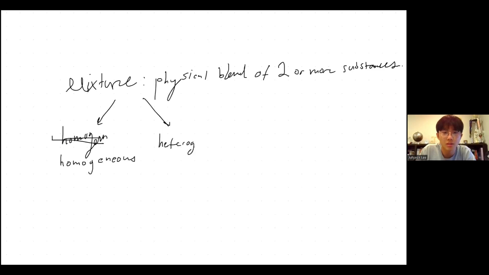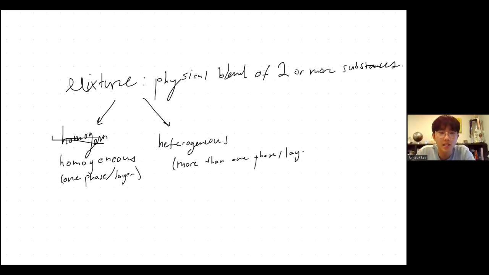And I believe we did go over a little bit of what each meant, but homogeneous is when there is one phase or layer to a solution. And heterogeneous, or a mixture, sorry, a heterogeneous is when there is more than one phase or layer.